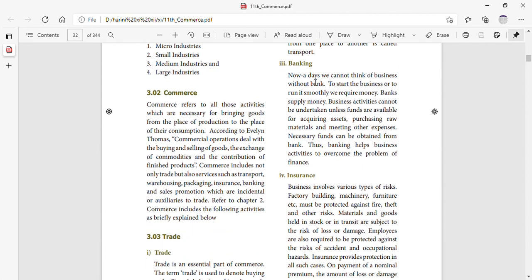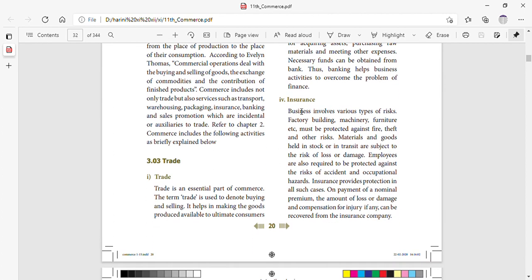Banking, what is banking? You are accepting deposits and giving loans. You can send money to one person, you can pay your EB bill. Everything related to money can be done in banking. Insurance, what is insurance? Say you are riding a bike, and unfortunately, God forbid, you meet with an accident.